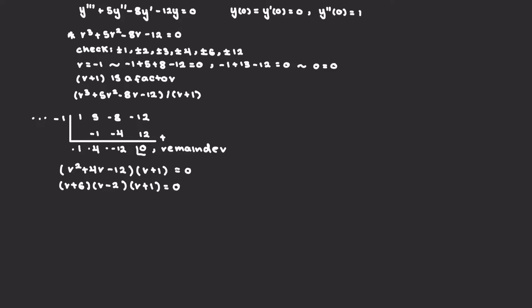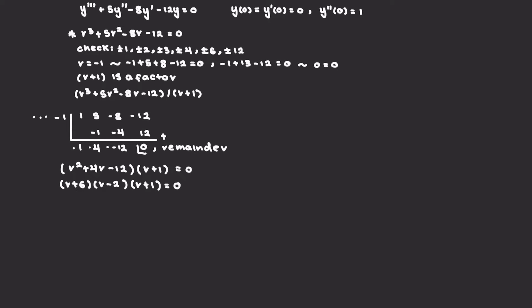And then afterwards, we know that we have 3 roots for the general solution of the corresponding ODE, which gives us y equals c1 e to the r1 x plus c2 e to the r2 x plus c3 e to the r3 x, and this will just equal c1 e to the negative x, plus c2 e to the negative 6x, plus c3 e to the 2x.